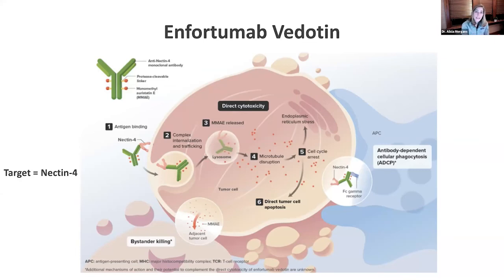And when it gets there, it's dumping a really nasty chemo right on top of it called MMAE. And that chemo is so potent that we would not want to give it to a person without that targeting, because it can really damage the cells. And it does. And it's importantly damaging those cancer cells and hopefully not the person.